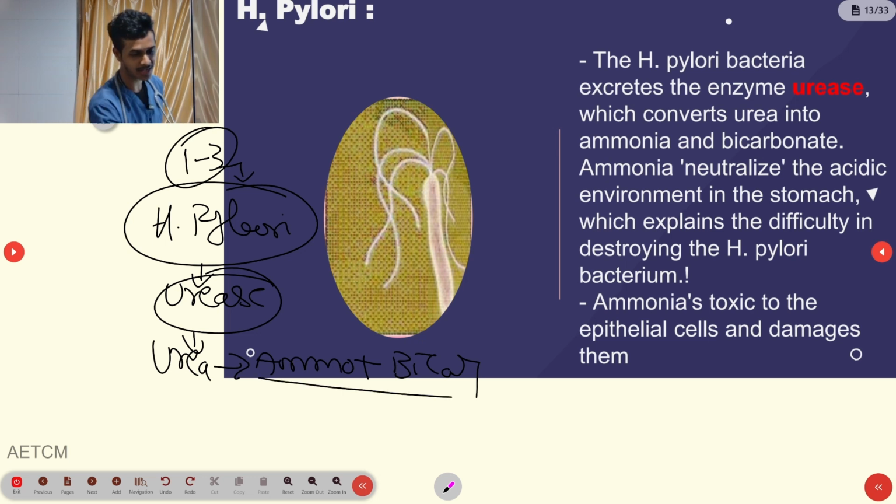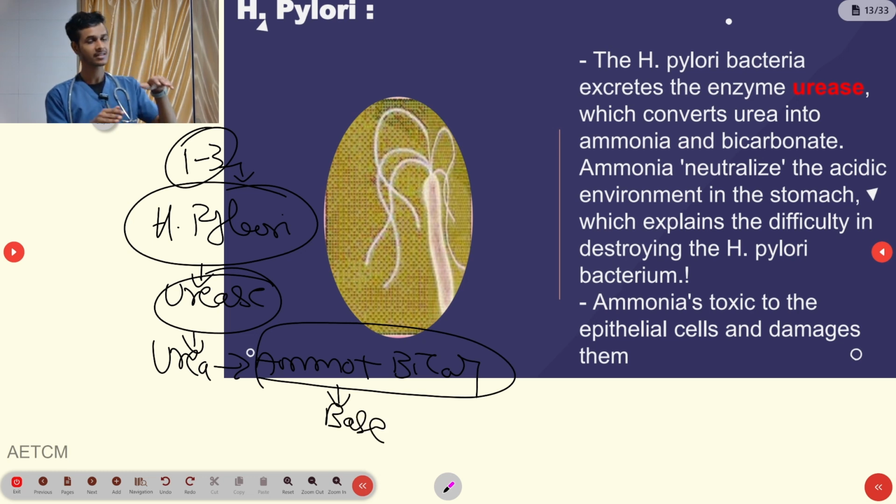So, this ammonia and bicarbonate are basically base substances, and these base substances will neutralize your acidic nature. Here acid is more, and at the same time on the same side you have a base substance. Thereby it will equalize the acidic nature, and the H. pylori bacteria will easily survive.